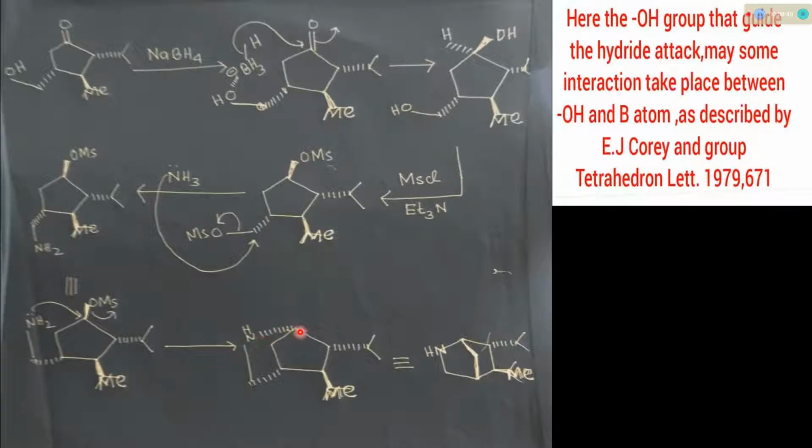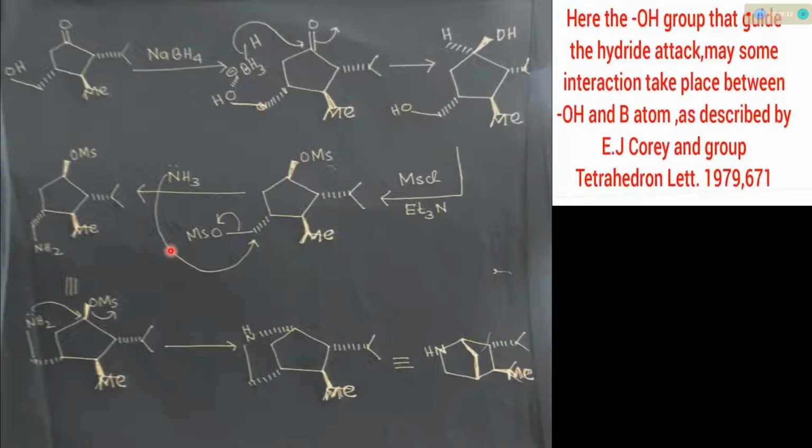So we will get this product. Now we can draw this product like this. If this we write above the plane, then this should be the same in the plane. So this will be the product for these reactions.